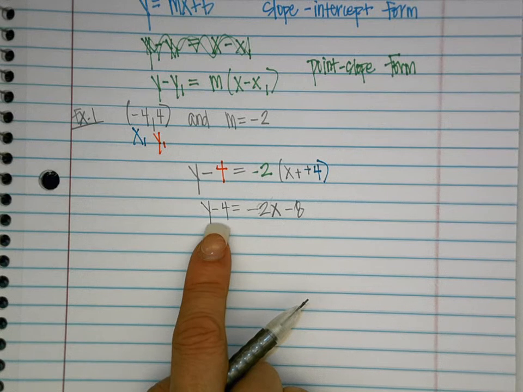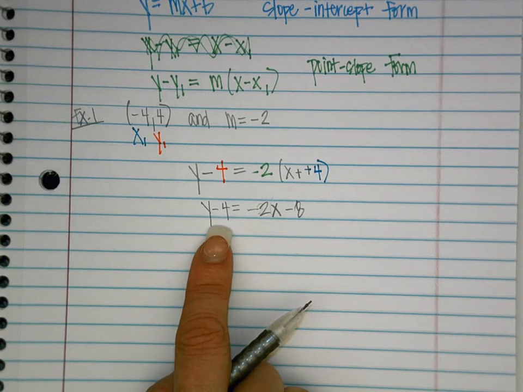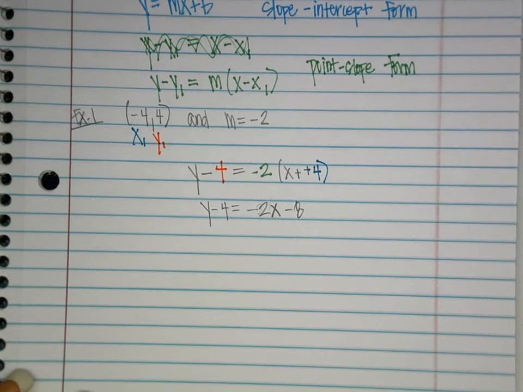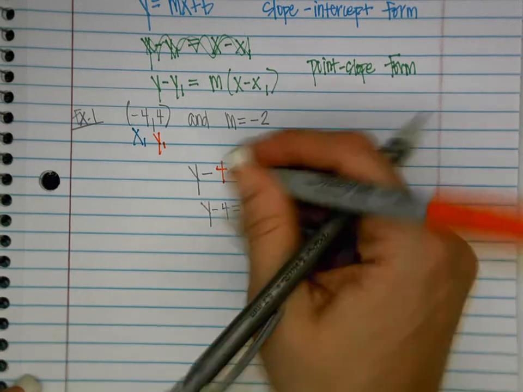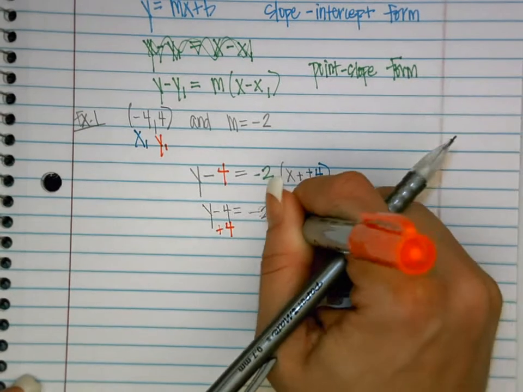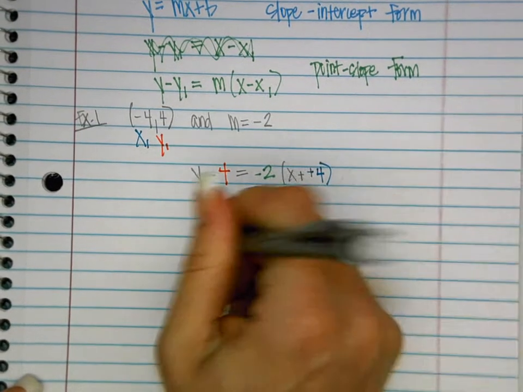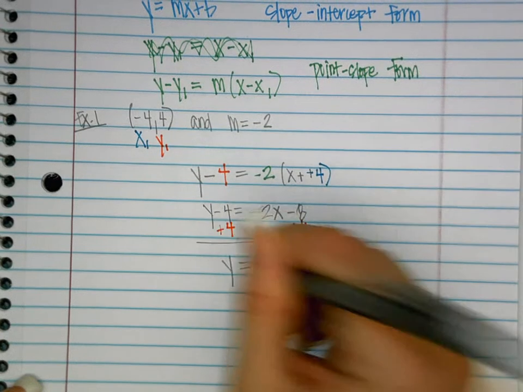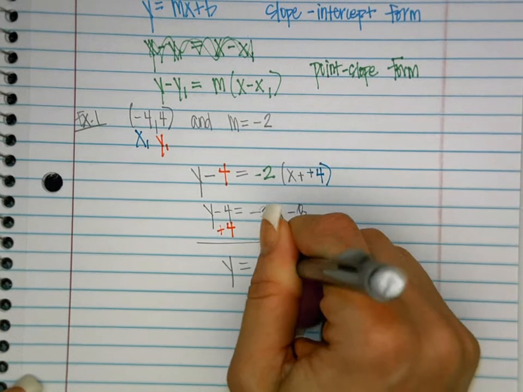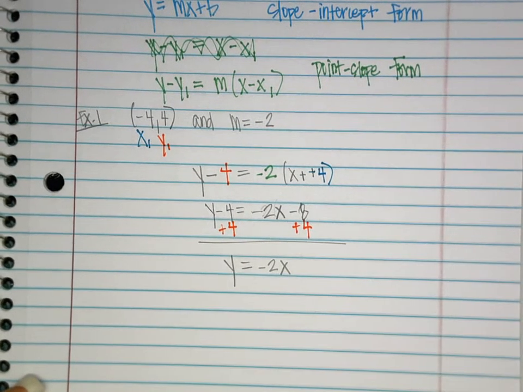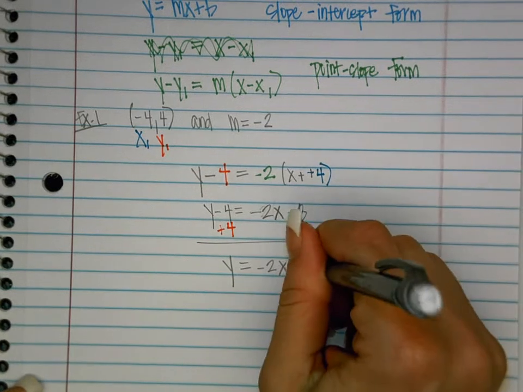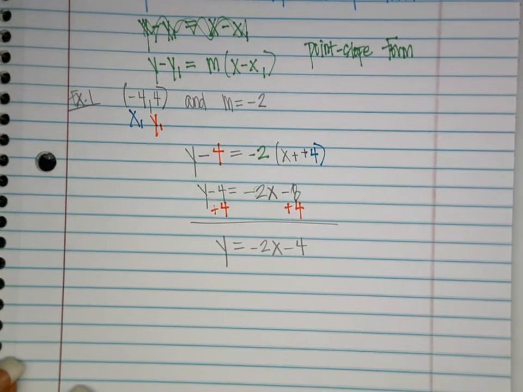If I want y all by itself, you would add 4 to both sides. We're going to move it to the opposite side, and you'd get the equation y equals negative 2x. What's negative 8 and positive 4? Negative 4. That's your answer.